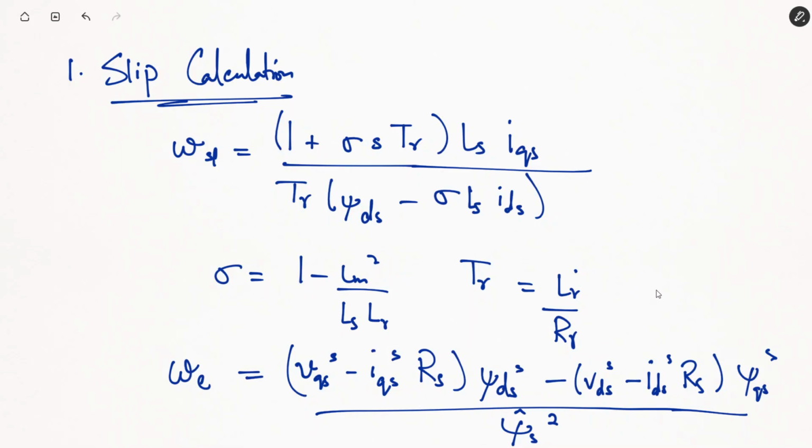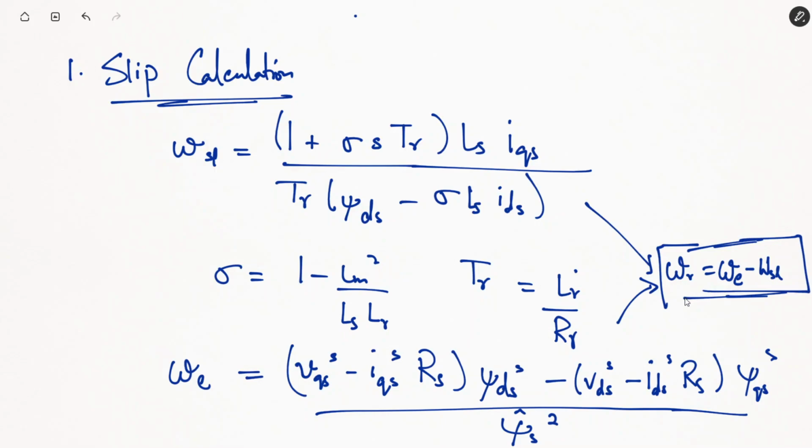Once we know these, we can say that omega_r, the rotor speed, which is what we are actually interested in, will be equal to omega_e minus omega_sl. So in the slip calculation method, we calculate omega_sl first, and we can calculate omega_e. Omega_r, the rotor speed, will then simply be equal to the synchronous speed minus the slip speed.